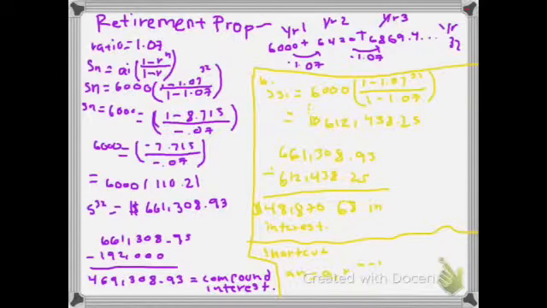Once you do that, you're going to subtract that from your 661,308.92, and that's from all of the years together. And once you get that, you're going to have 48,870.68 in your interest.